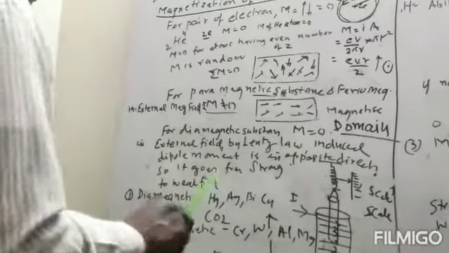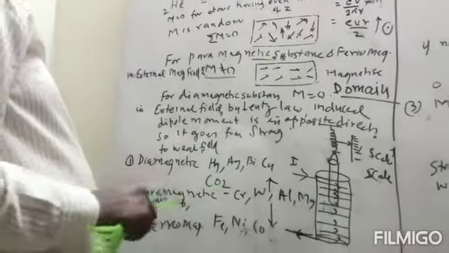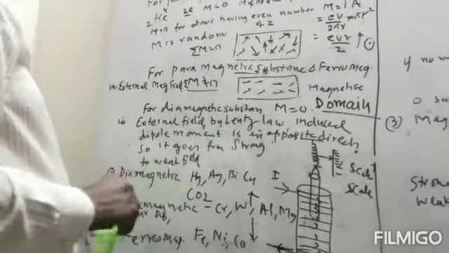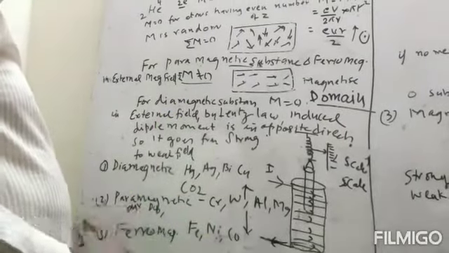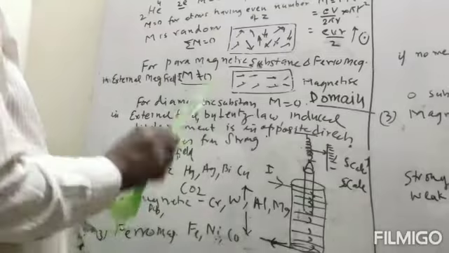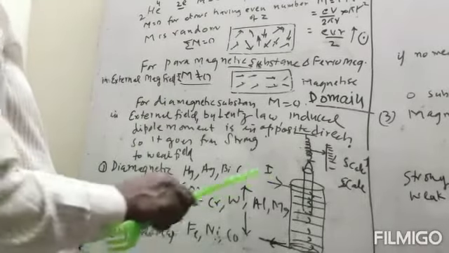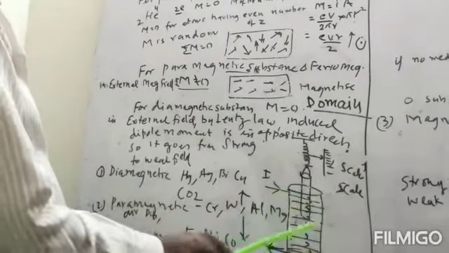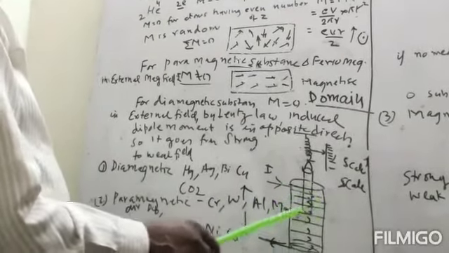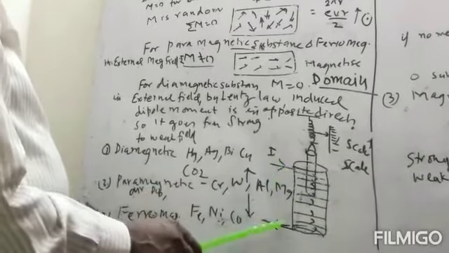Now how do we find which material is paramagnetic, which is diamagnetic, which is ferromagnetic? We can have an experiment like this. We have a solenoid with a large number of turns, and current is passing through it.